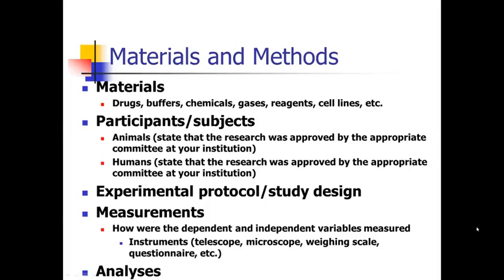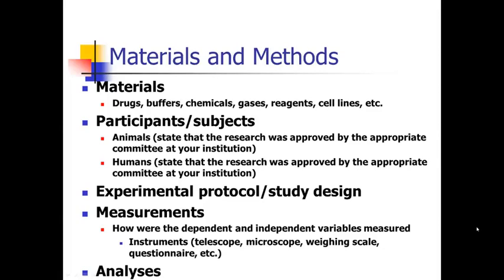You'll also have some kind of experimental protocol or study design, depending on exactly what type of study you're doing. What steps did you go through in your experiment? There's going to be something about measurements. Everybody has to measure variables no matter what discipline you're coming from. So how did you measure your dependent and independent variables? What instruments did you use?